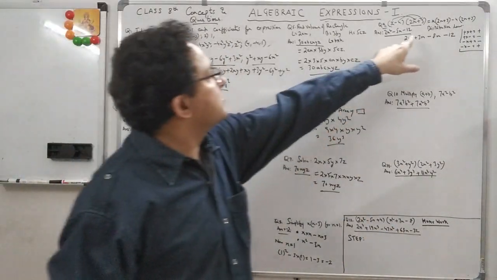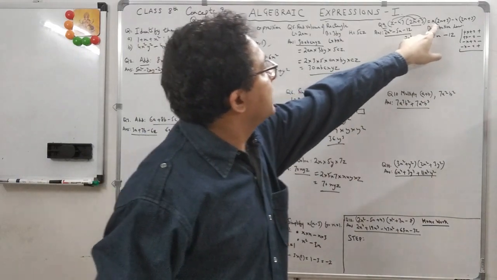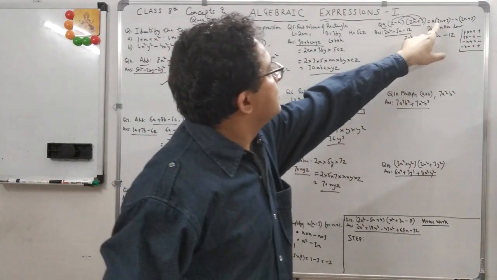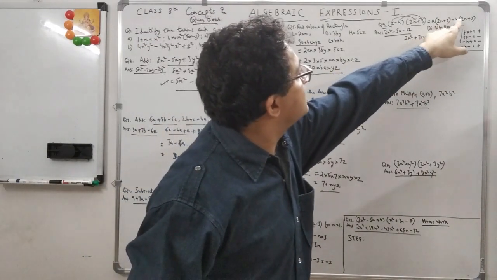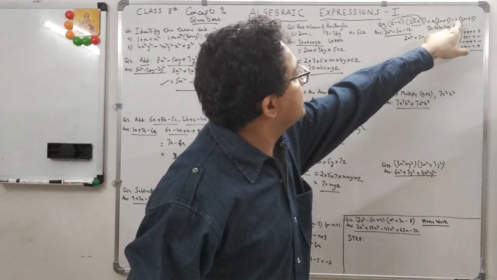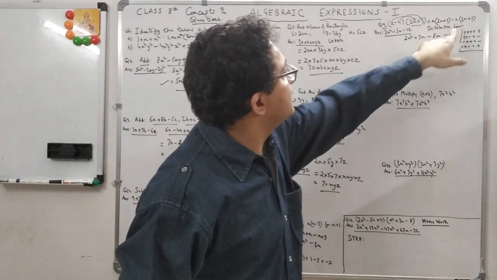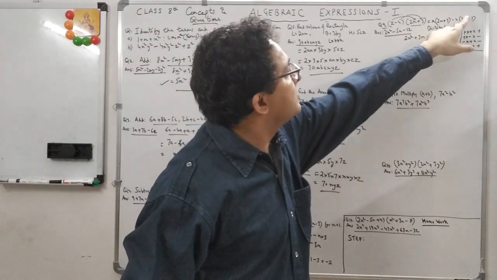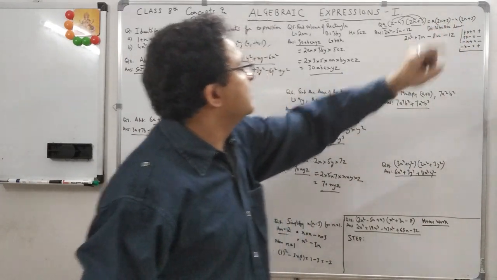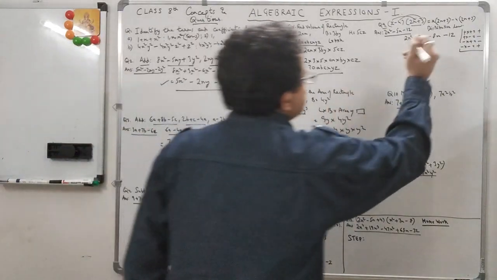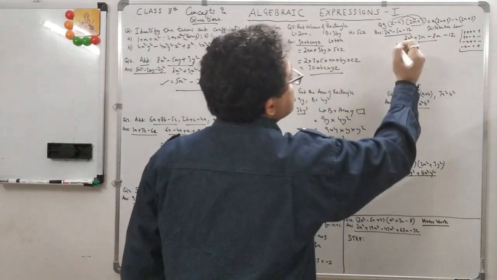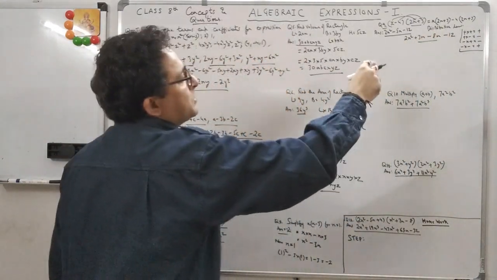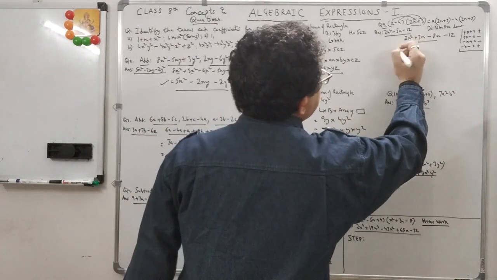Same thing I did. So basically we are just expanding this. 2x into x, 2x square. Plus 3x. Minus 4 into 2x, minus and plus is minus, so minus 8x. Again minus into plus is minus, so minus 4 into 3, minus 12. Now see this, like terms. This is the concept: combine the like terms, so we can add them or subtract them.